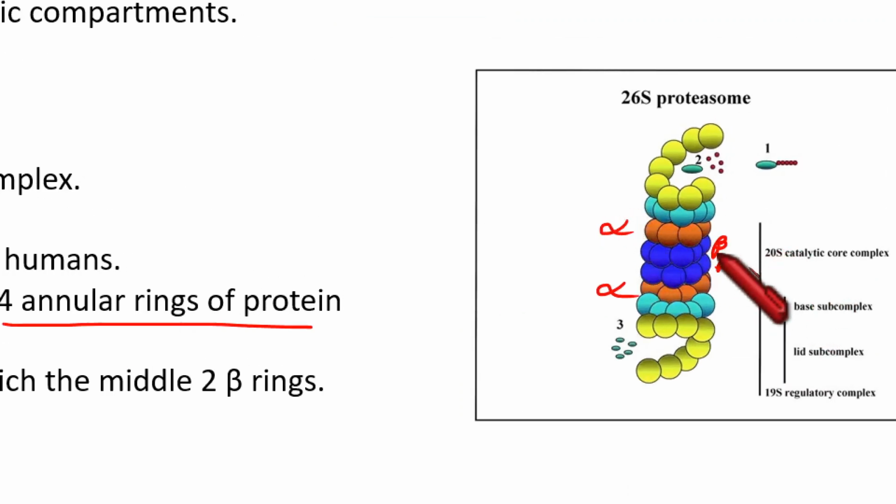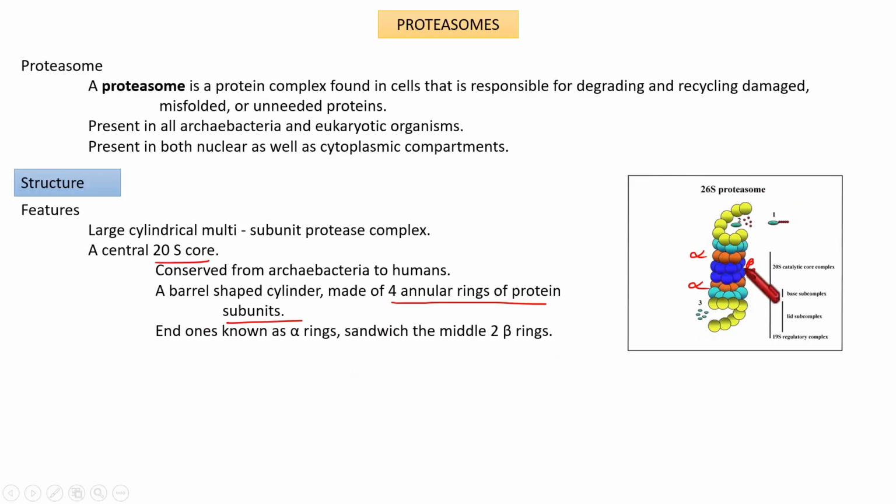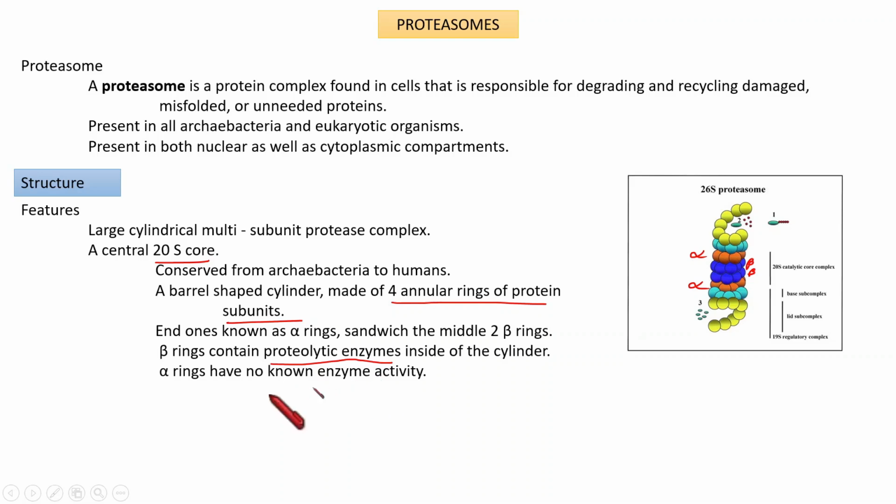The red one is alpha, and the middle one is beta. That beta ring is the important portion. Inside that region it contains so many proteolytic enzymes. Those enzymes perform the degradation of unwanted proteins. And the alpha ring doesn't have any enzymatic activity.